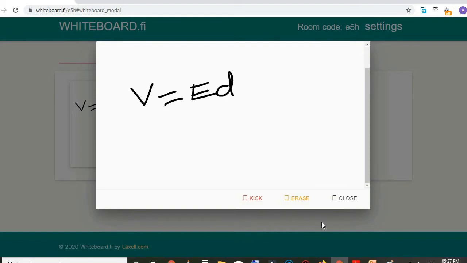Now we shall substitute the value of E here, that is Q by A epsilon 0 into D, that is QD divided by A epsilon 0. Therefore, what can we say?